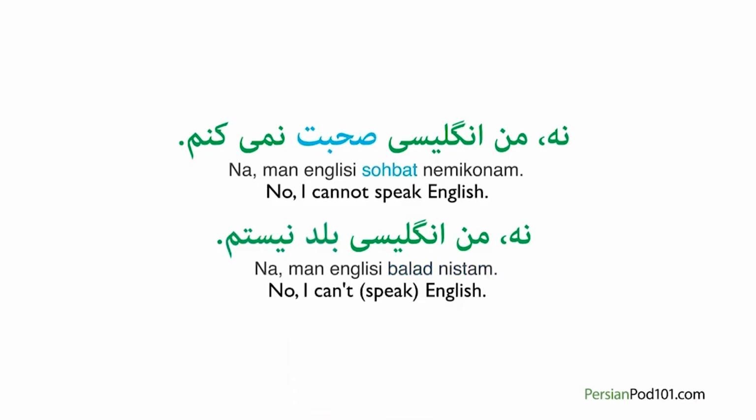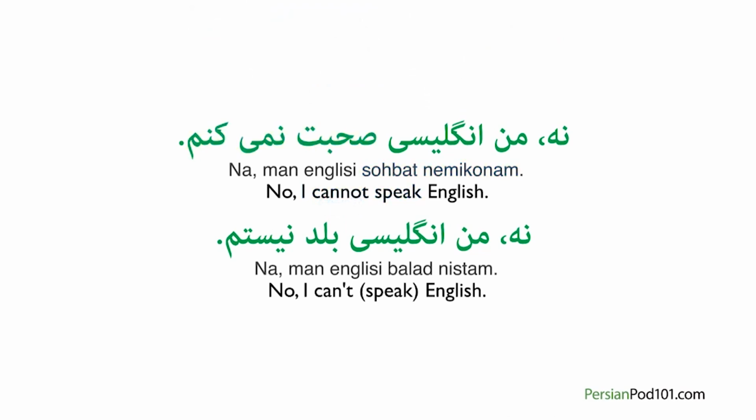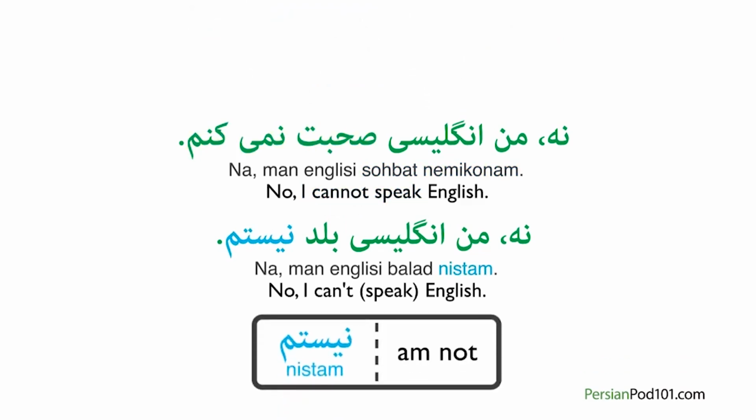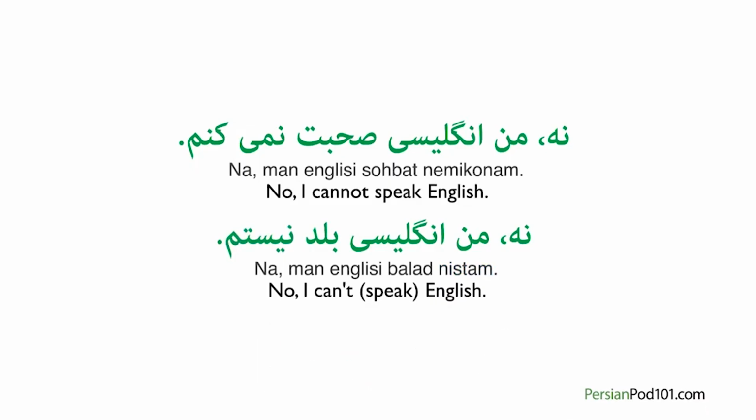Combined with صحبت, meaning talk or speak, now you know that صحبت نمی کنم means I don't speak, and صحبت می کنید means you speak. Also, نیستم is actually the negative version of هستم, but it looks slightly different in the negative form. Verbs and phrases change depending on the person speaking.